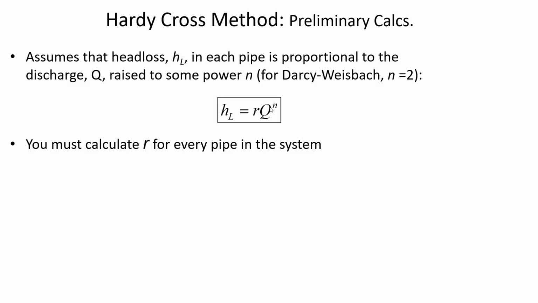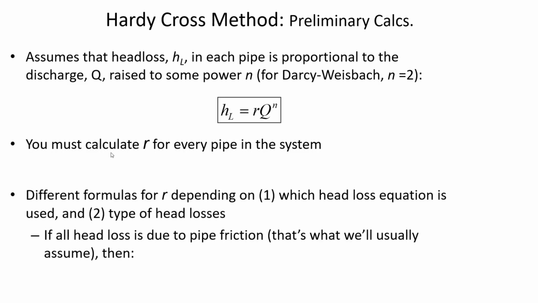In the Hazen-Williams equation for friction loss, then you'd use 1.85 as your exponent in that N value. But you have to calculate an R value, which is all of these terms that are aggregated together, the constants like the pipe diameter, the friction factor, the length of the pipe, and so on.